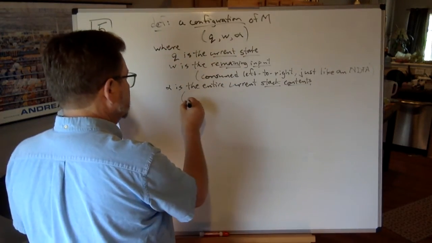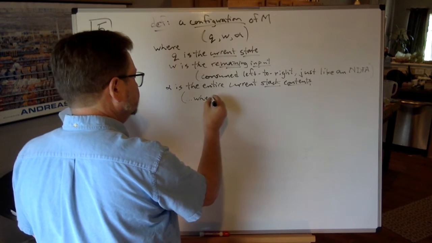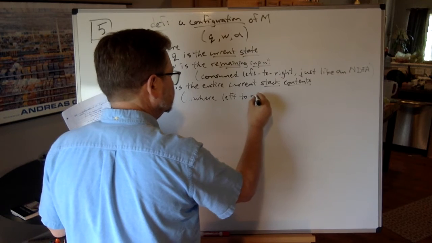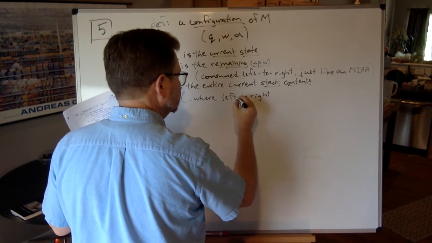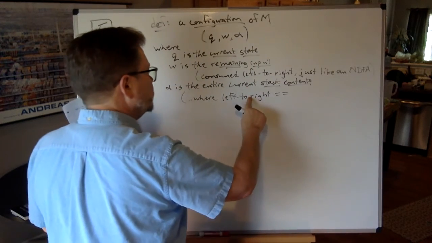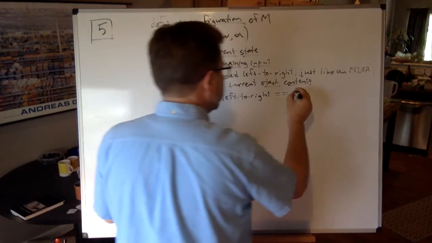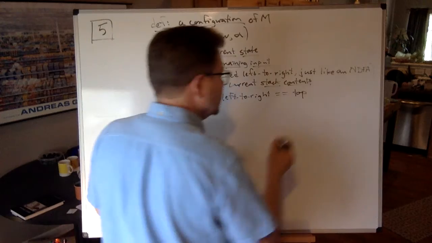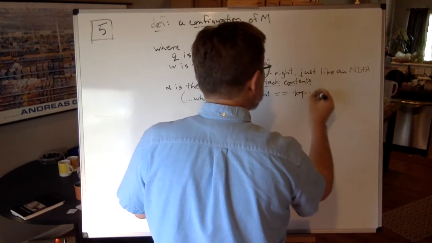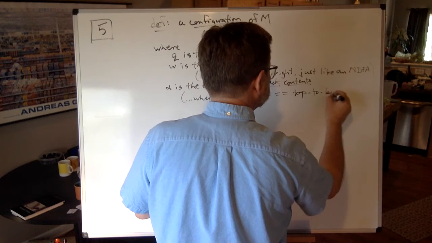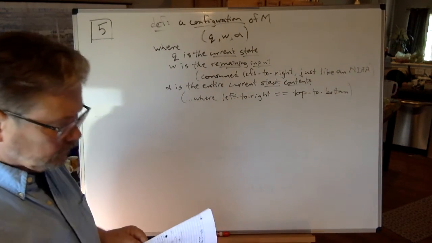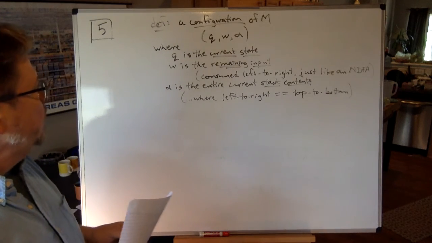And I'll put parenthetically here, where left to right, like C++ double equals, left to right means top to bottom. So the top of the stack is whatever the leftmost symbol is in our configuration of alpha. Okay, that's a configuration.